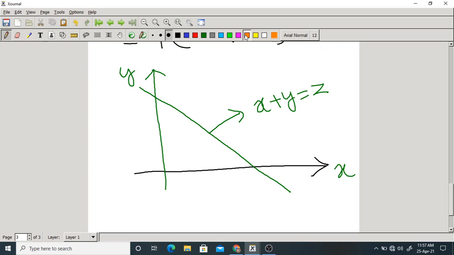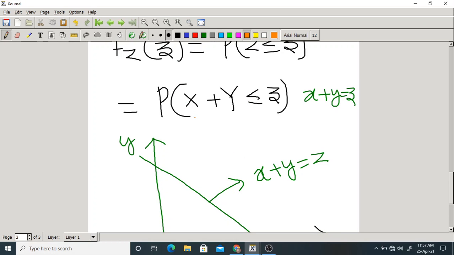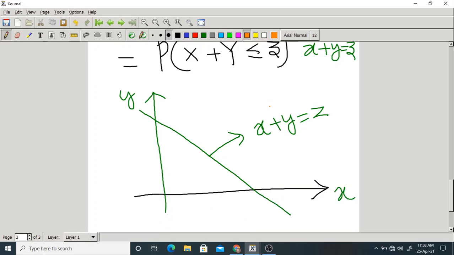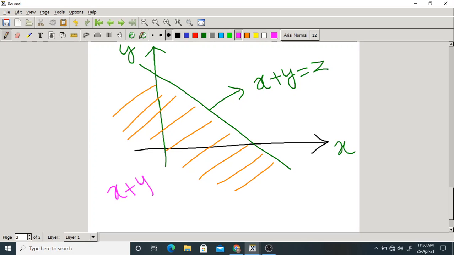We want the probability that x plus y is less than or equal to z. This line is x plus y equal to z, and this is the region where x plus y is less than or equal to z.